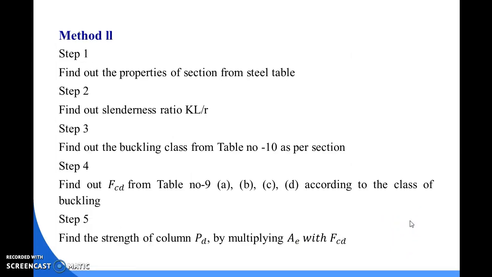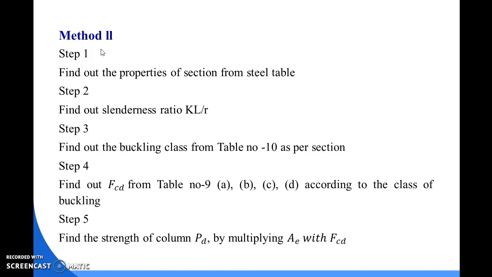So now comes method 2. In case of method 2, first of all, as in method 1, you have to write down the data given in the question. After that, you have to write the properties of the section which is given in the question.